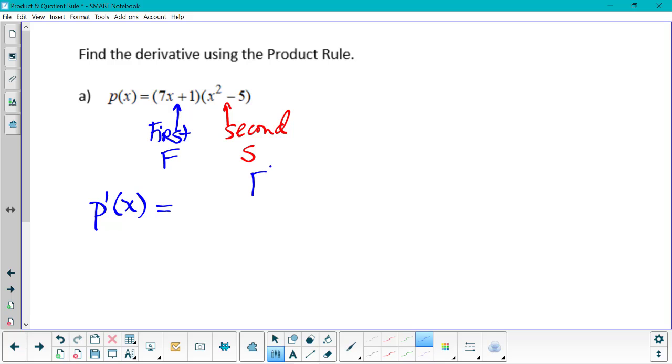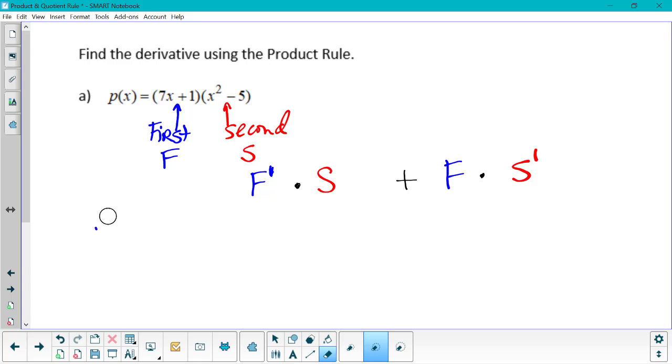I take the derivative of the first function, so I just call it F prime, times the second function, I just call it S, plus the first function itself, no derivative, times the derivative of the second function, which would be s prime. So just kind of a notation I like to use. It doesn't matter what you do. I will recommend, though, that you just say it to yourself every time so you remember it as you do it. Okay?